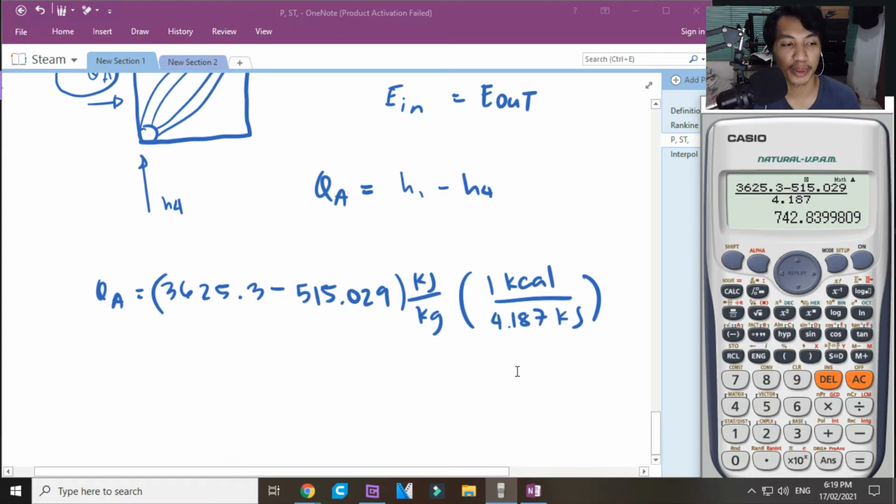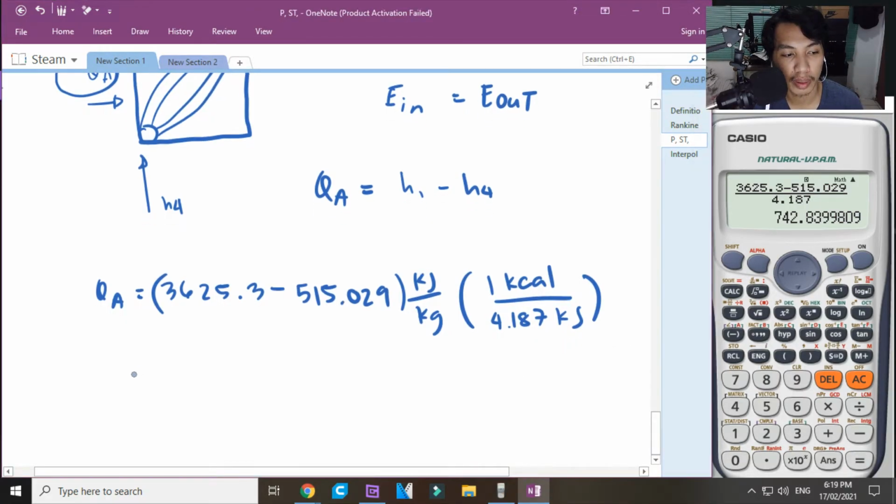QA is 742.8, 484 kilocalorie, kcal per kilogram.